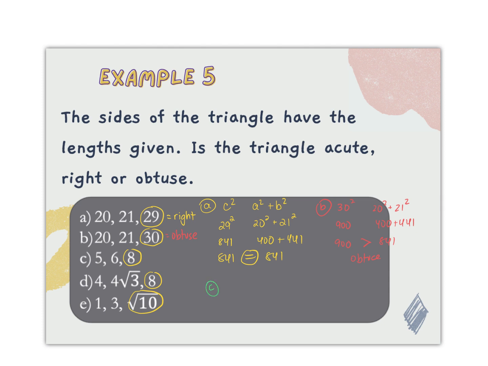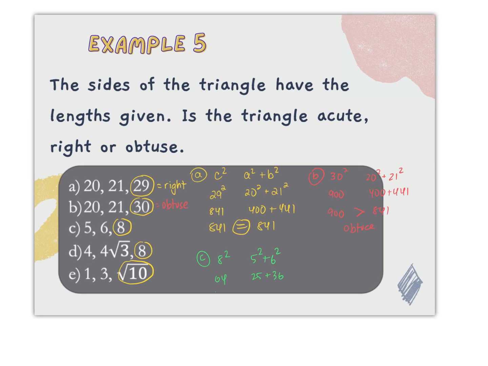In C, I do 8 squared, 5 squared plus 6 squared. I get 64, 25, and 36, and that's 61. And 64 is greater than 61, which means this is, again, an obtuse triangle.